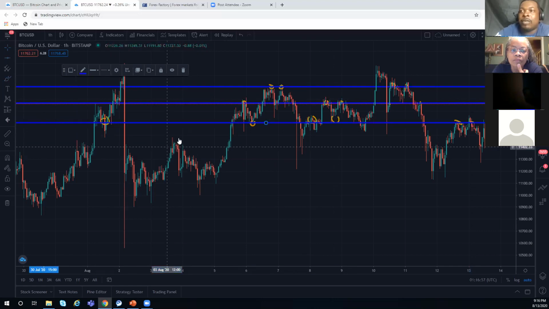Became, I can't say resistance, but it didn't fully make it all the way back up before it bounced down. We see it become support again, right? We see it become support, okay? And we also see it become resistance here. Bounce up, double top, bounce down, sell, break through to a whole different zone, right?